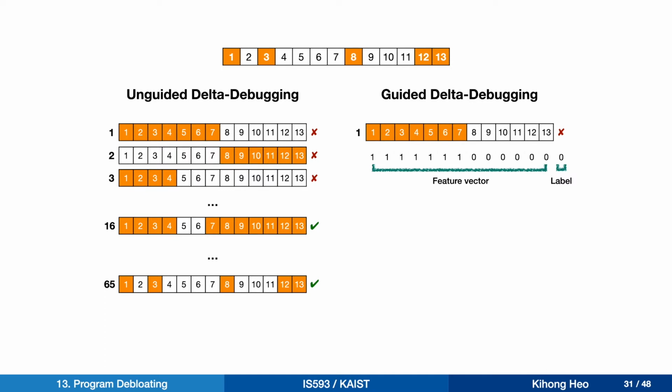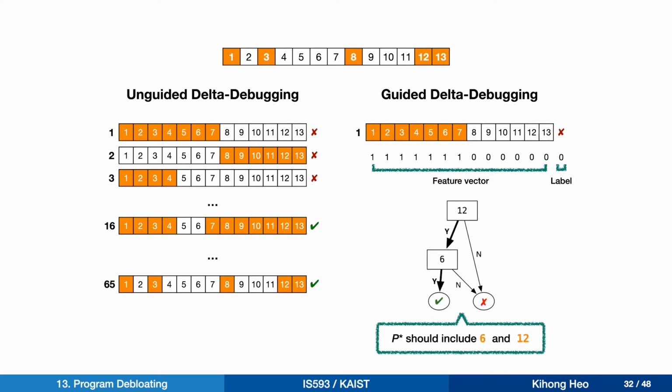The system simply encodes each candidate program as Boolean vector like this. If each part is included, then we'll assign 1 here. Not included, 0. You can construct a feature vector in this way. And then the system labels the data based on the feedback from this oracle.